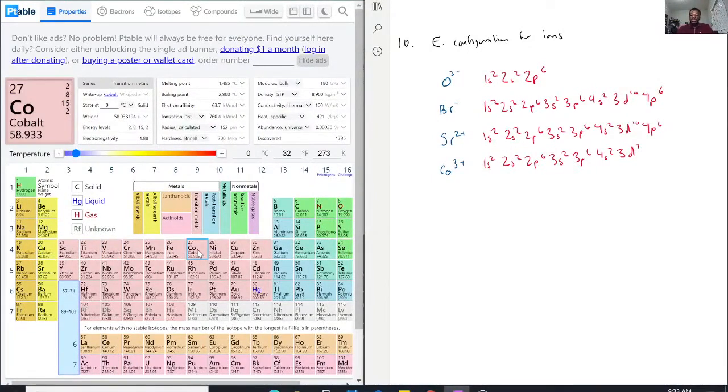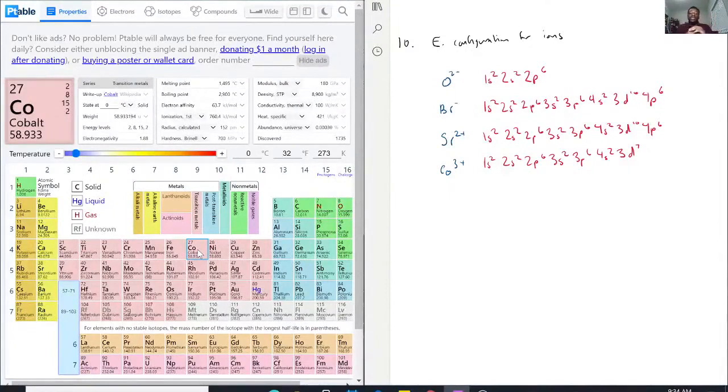Now this is going to be a quite interesting one. You would assume that if cobalt lost 3 electrons, we just go based on the order. We would want to lose them from the d orbital, because the d orbital and the s orbital are relatively close, so it could lose from it and it would count technically as its outer shell.